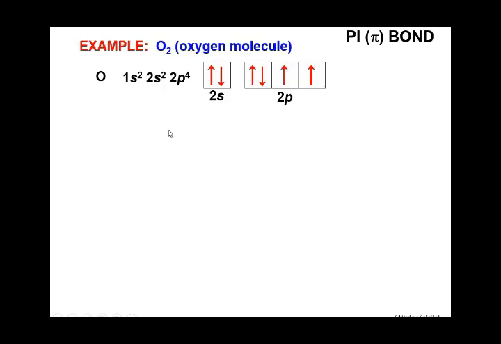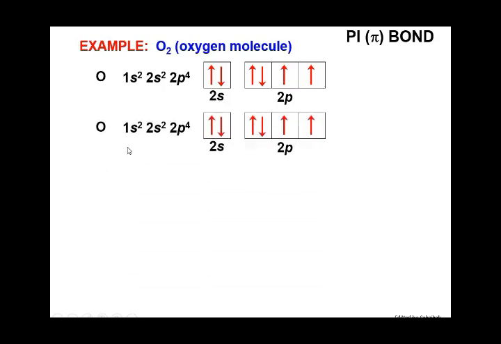An oxygen atom has 6 valence electrons. So based on the electrons in the orbital diagram, two of the 2p orbitals contain only a single electron.